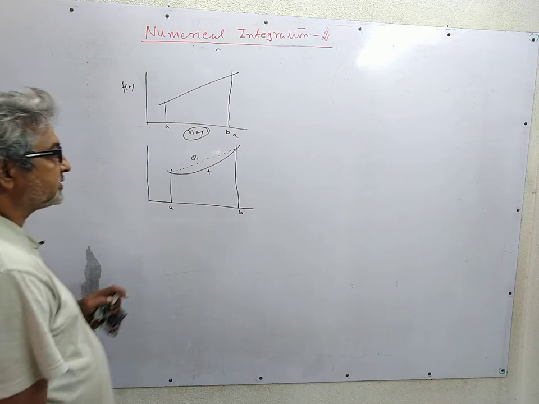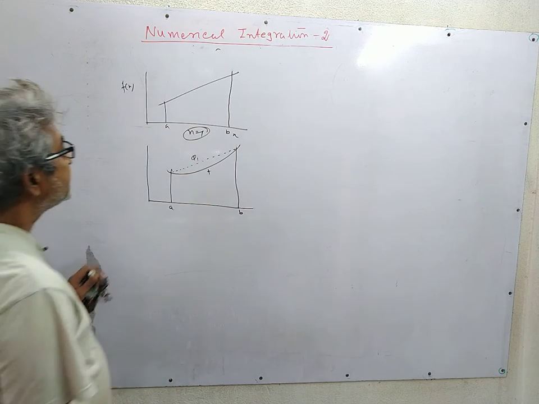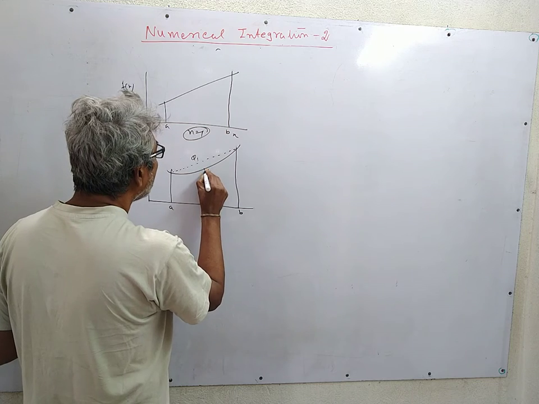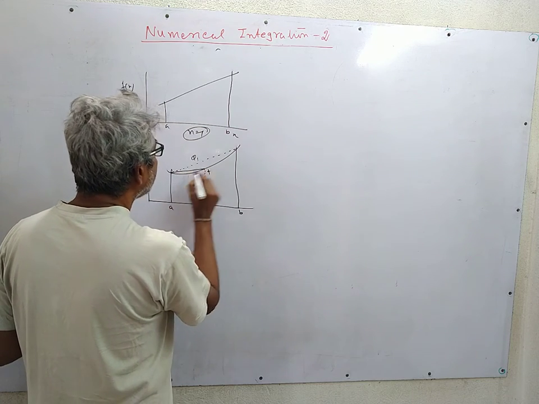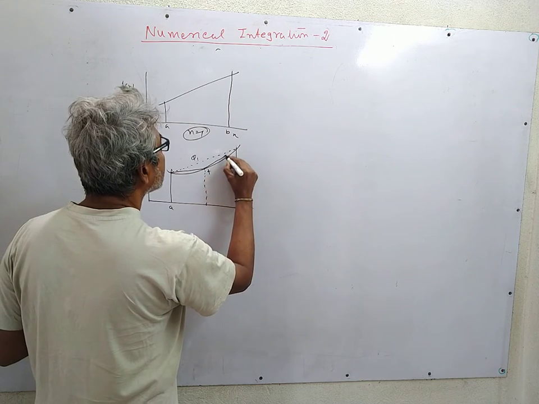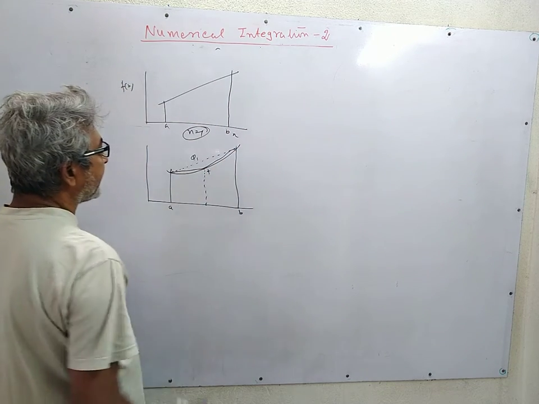Obviously the result is different. If we increase it to the 2-point formula, then the first part of phi 1 will be this, and the second part will be this. There will be again a difference.